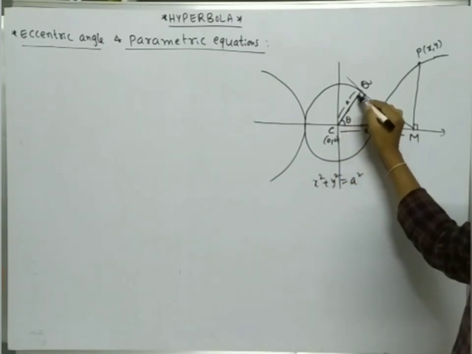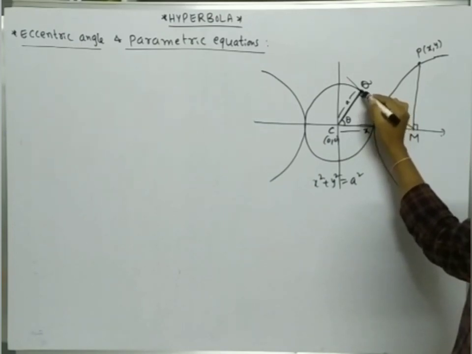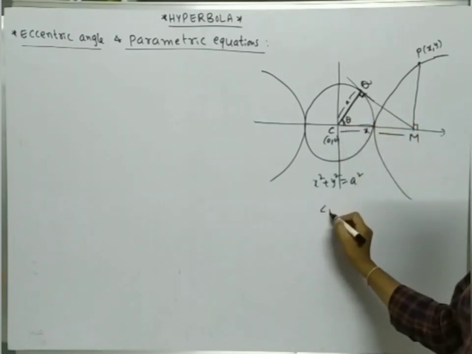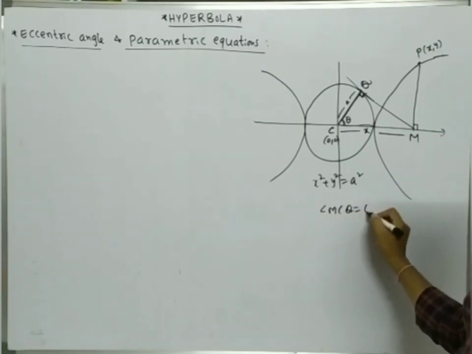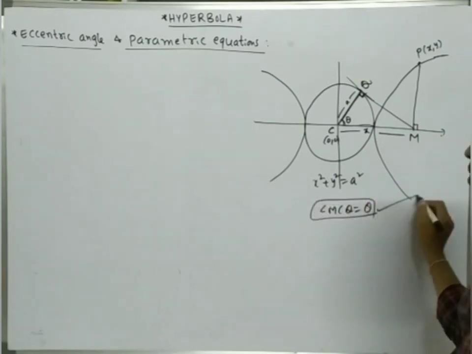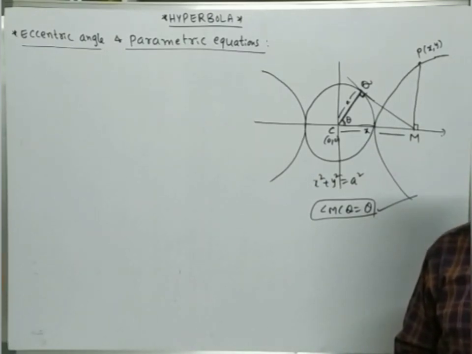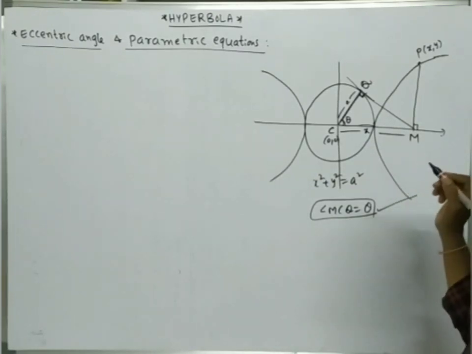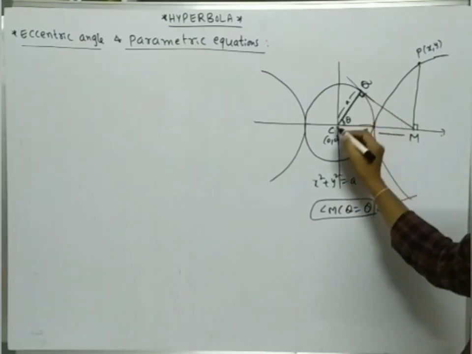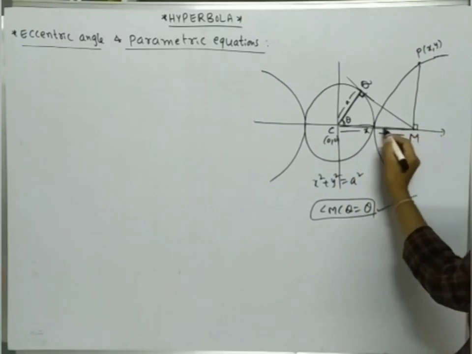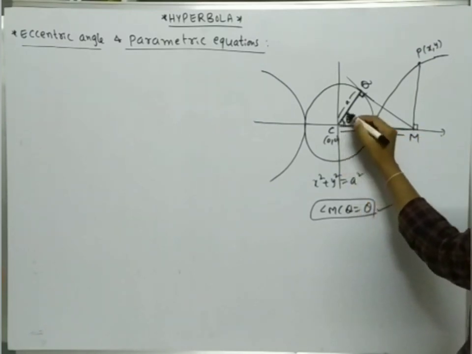Now draw a line segment from C to this Q. Let the angle MCQ be theta. This is called the eccentric angle. MCQ is called the eccentric angle. Next, from this triangle, let the point be x comma y, then the distance from the center to M is x and this is a.